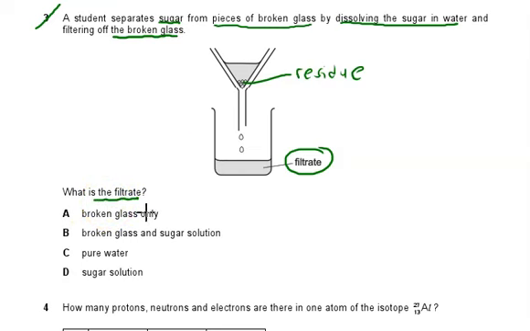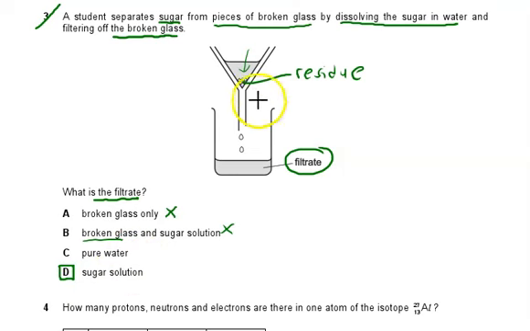The glass is stuck here, so there is no broken glass in the filtrate, and it should be a sugar solution because the sugar has already dissolved in the water. The best answer here will be sugar solution, and we can obtain the pure water by boiling or an evaporation process, where we leave the sugar behind.